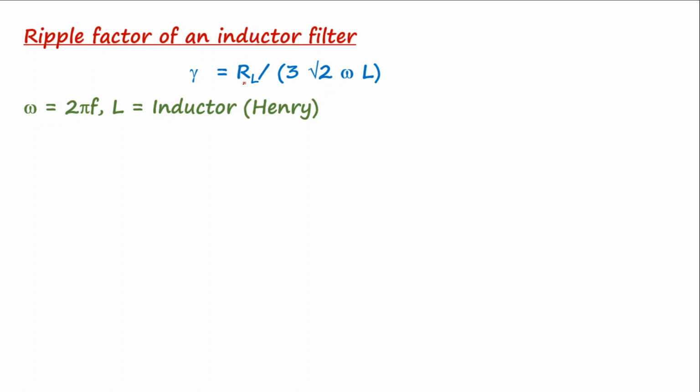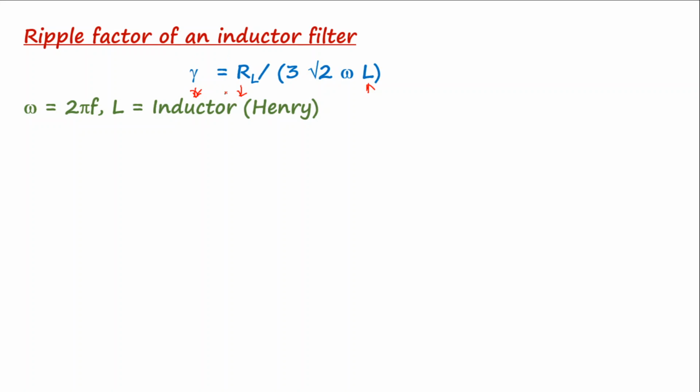So RL should be low, and the value of the inductance coil should be high. Lower RL values and higher L values basically guarantee a good ripple factor value for an inductor filter.